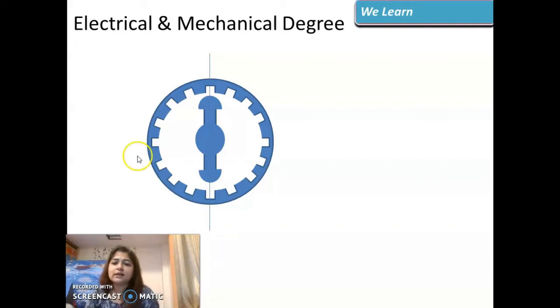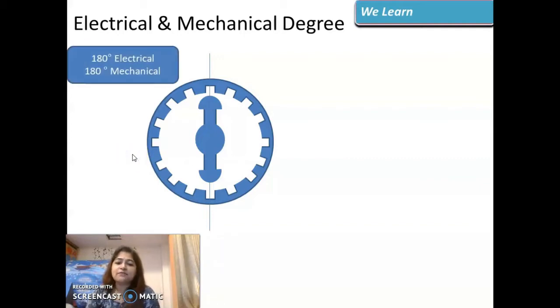So the angle between two poles is 180 degree electrical as well as 180 degree mechanical. So I can conclude that for a two pole machine, electrical angle and mechanical angle are always the same.